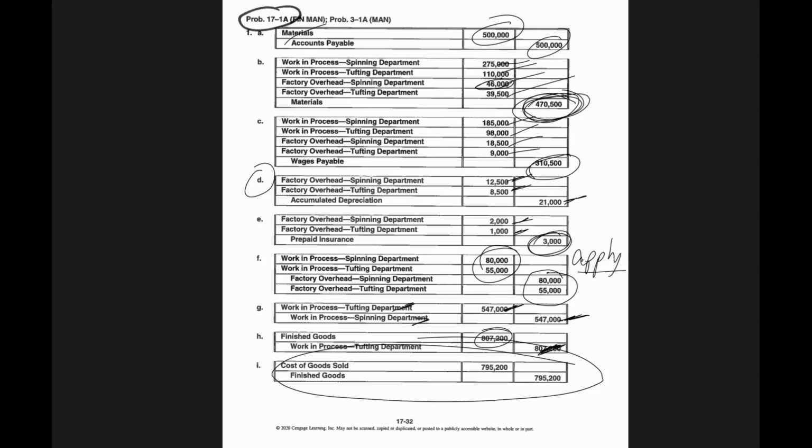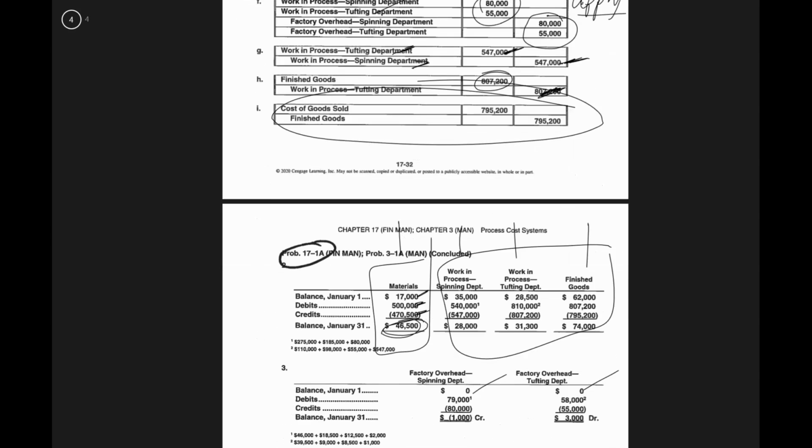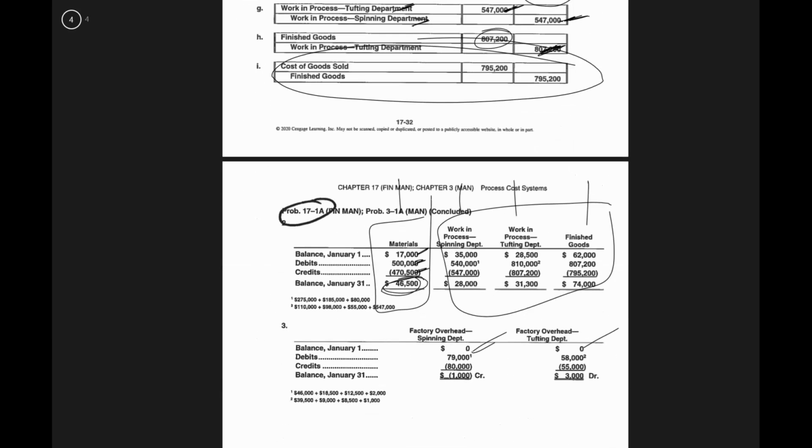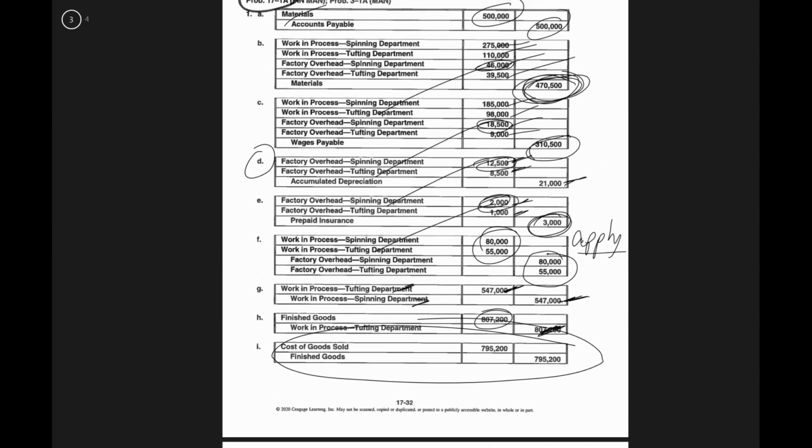It is the 18,500 right here. There is another one for 12,500 and 2,000. So those four amounts are the debits into the spinning, and then what we took out of spinning right here. We took out a credit. A credit of overhead came out of 80 grand.